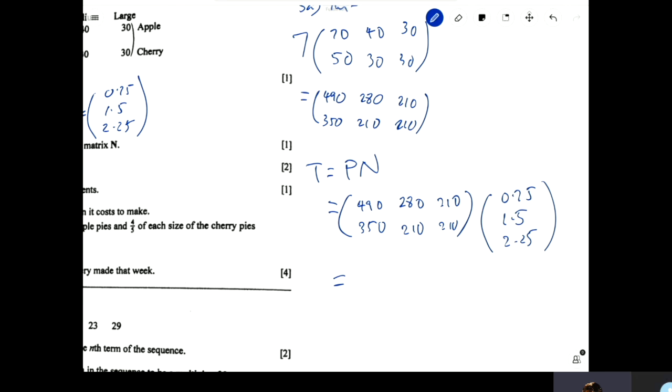You row times column. Yeah, row diagram. Okay, can you do this calculation? T equal Pn. Show me what you get. Can you try this one? Yeah. Multiply.